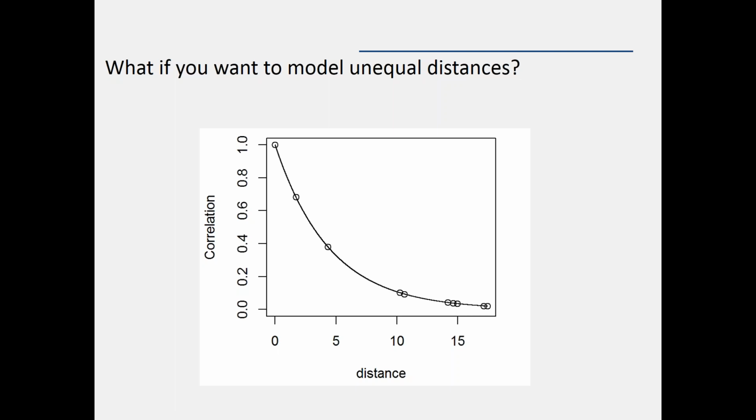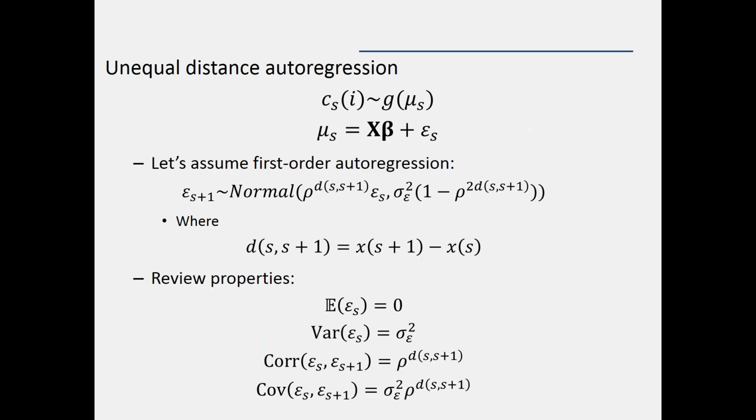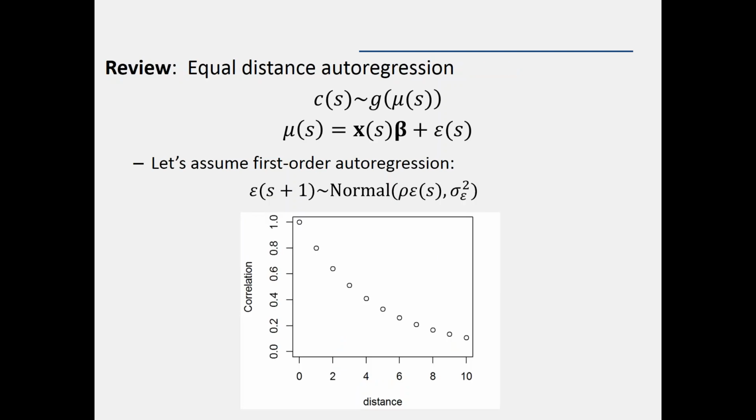If we want to model unequal distances, the equation I'll put out here is similar to the equation we had before. Before we had epsilon at location s+1 has mean equal to rho times epsilon at site s, so it's a first order autoregressive model.